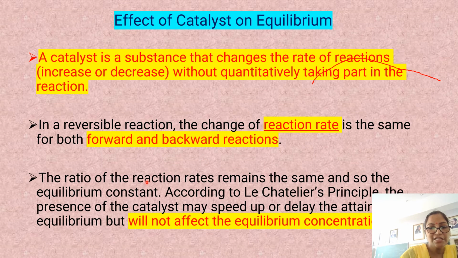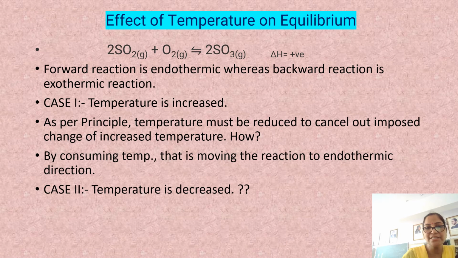It means the ratio of reaction rates remains the same. That is, both the forward and the backward reaction speeds are increased in the presence of a catalyst. So the total effect of a catalyst on equilibrium is nil. There is no effect of catalyst on the equilibrium state.